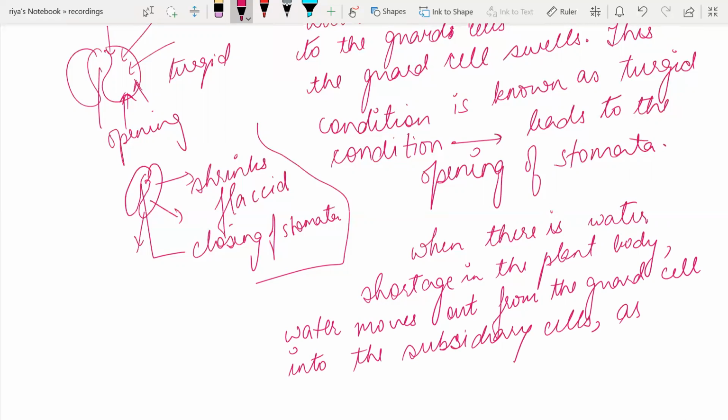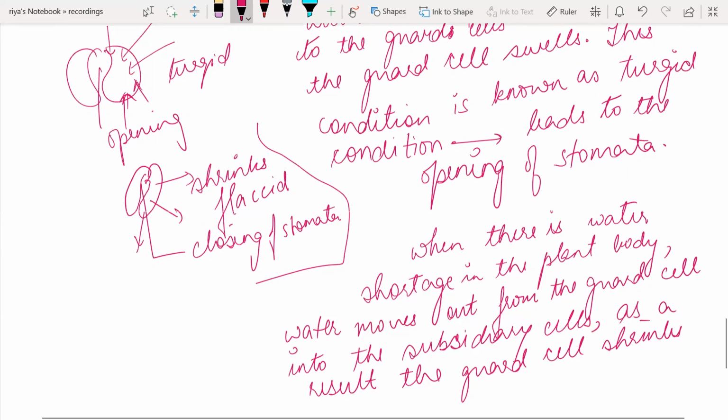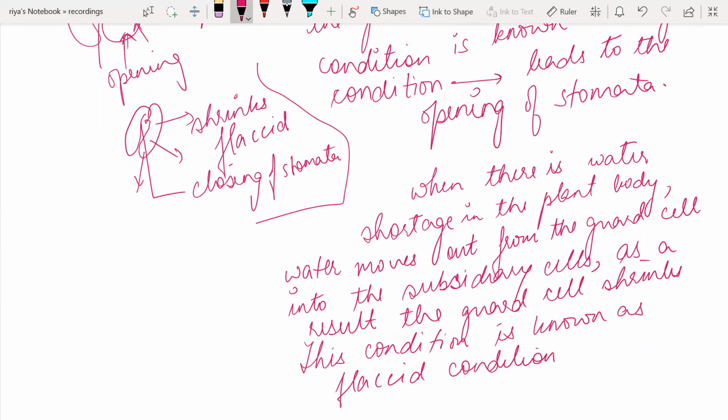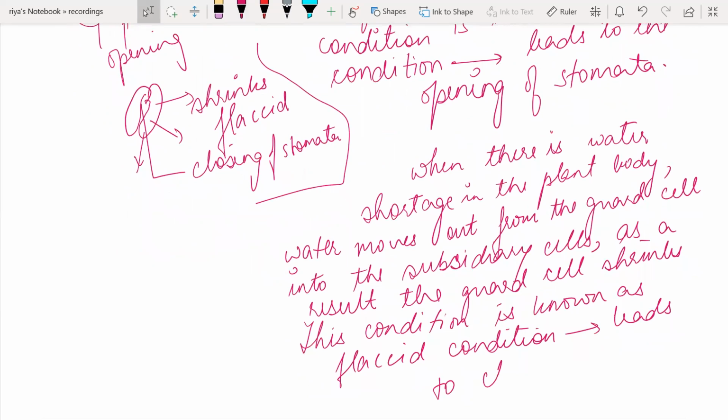And as a result, the guard cell shrinks. And this condition of shrinkage of guard cell is known as flaccid condition, which leads to closing of stomata.